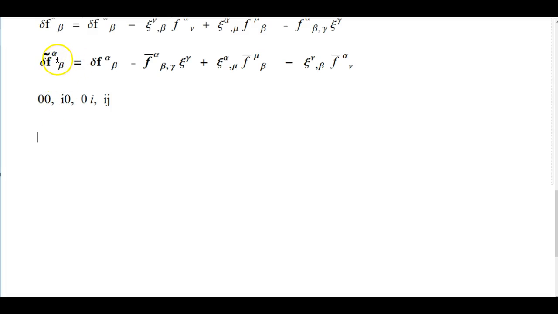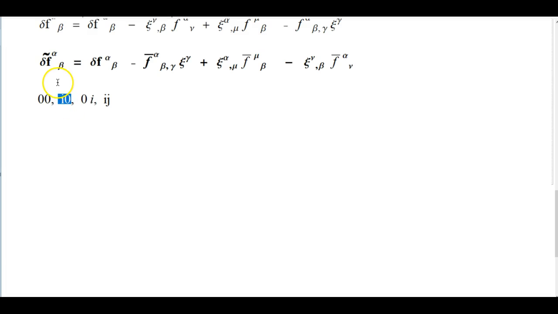In this case, one index is on top and one index is at the bottom. So I0 and 0I, we need to treat them separately, and let us see what the result comes out to be.